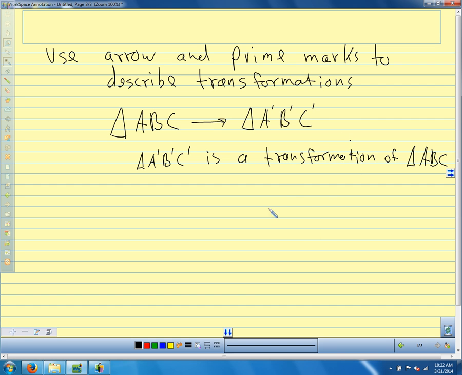Or the other way that you'll see this written is that triangle ABC maps onto triangle A prime, B prime, C prime. So our transformation takes triangle ABC to triangle A prime, B prime, C prime.